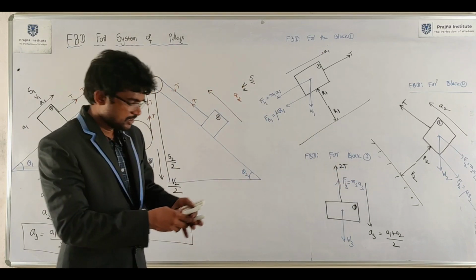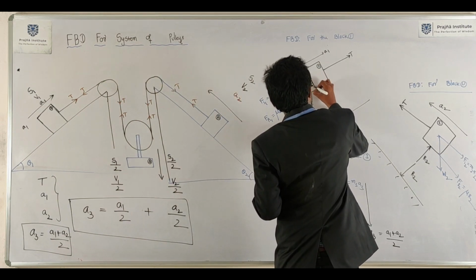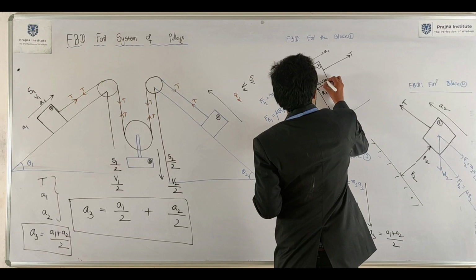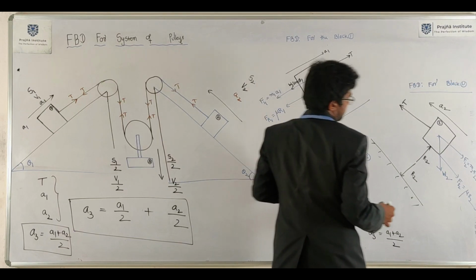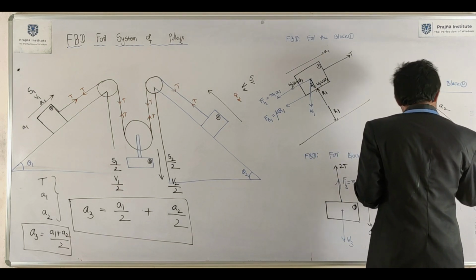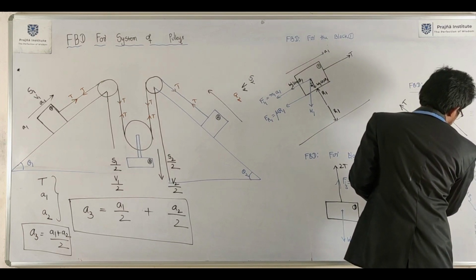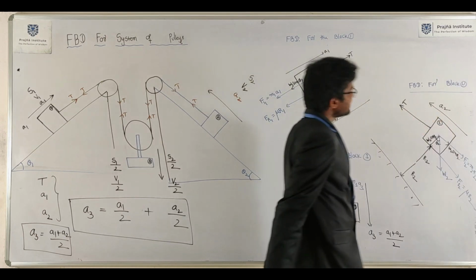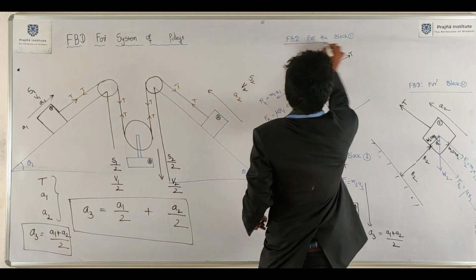Now here this particular angle will be theta 1, W1 cos theta 1, W1 sin theta 1, here W2, W2 cos theta 2, W2 sin theta 2. This is all about the free body diagram for block 1, block 2, block 3.